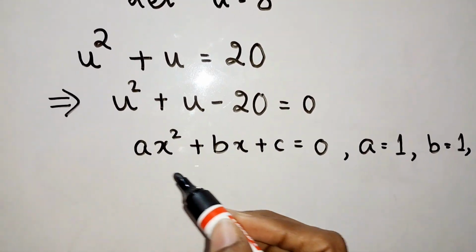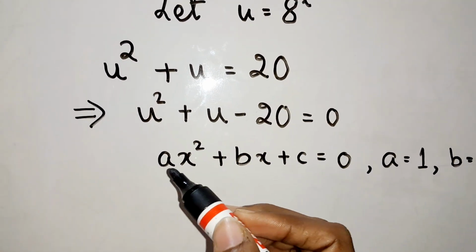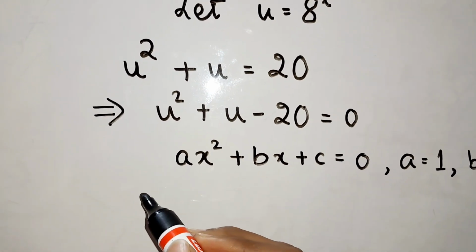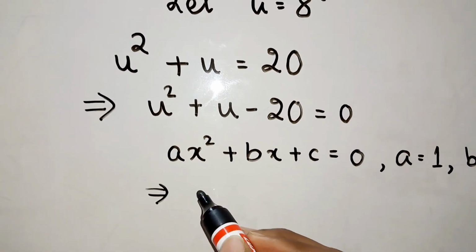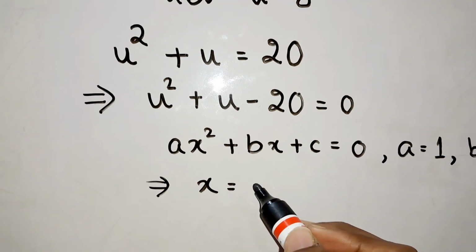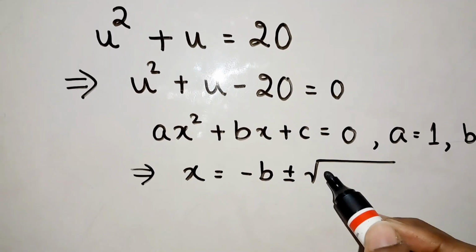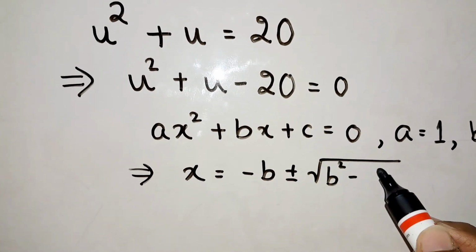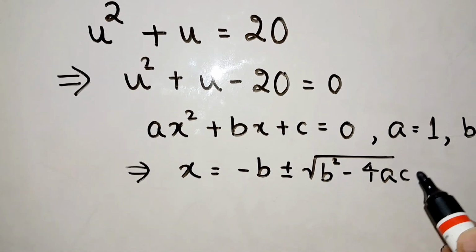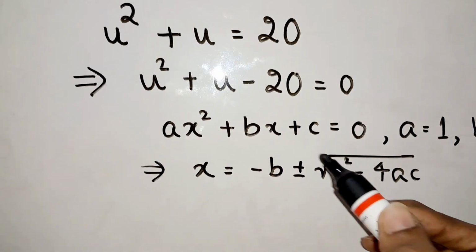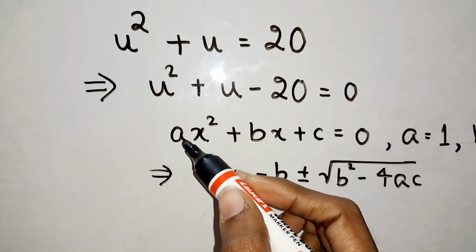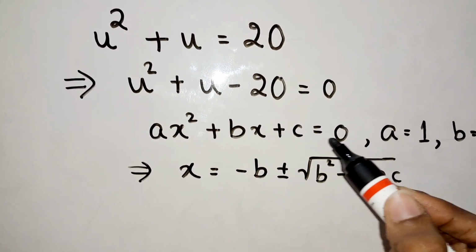And a quadratic equation of this form has a simplified solution given by x equals minus b plus or minus square root of b square minus 4 into a into c, where b is the coefficient of x, a is the coefficient of x square, and c is the constant term, the coefficient of 1.